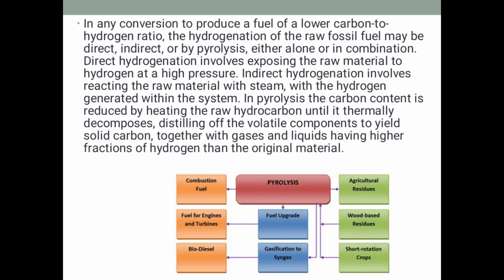In pyrolysis, the carbon content is reduced by heating the raw hydrocarbon until it thermally decomposes, distilling off the volatile components to yield solid carbon together with gases and liquids having higher fractions of hydrogen than the original material.